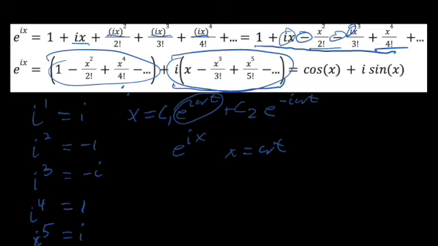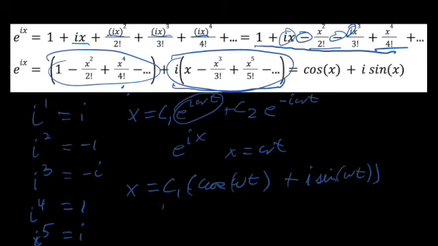So when we substitute it in, we get that x equals c1 times cosine of omega t, plus i sine omega t, plus c2 times cosine omega t, minus i sine omega t.